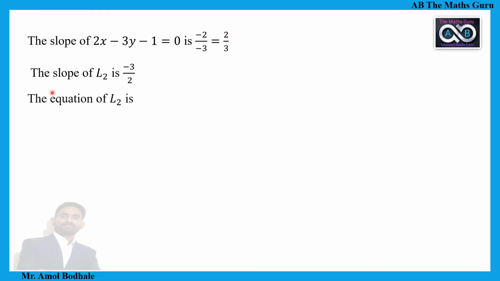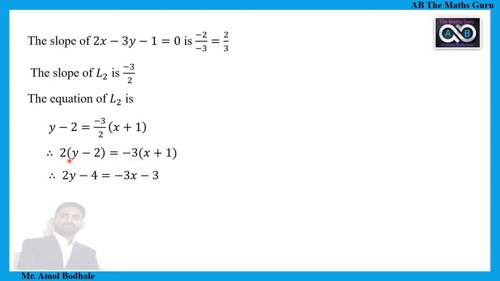So the equation of L2: as we know, L2 has slope minus 3 by 2 and is passing through the point (minus 1, 2). So we get the equation of L2, y minus 2 equal to minus 3 by 2 into (x plus 1). If we take 2 on this side, we get 2 into (y minus 2) equal to minus 3 into (x plus 1).